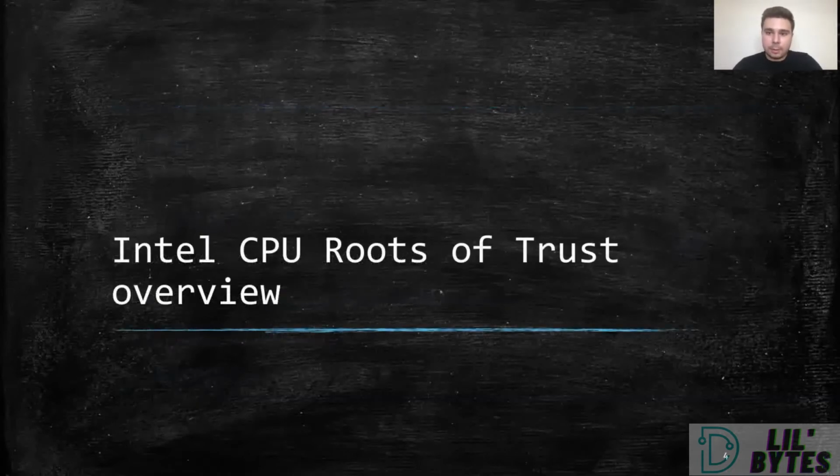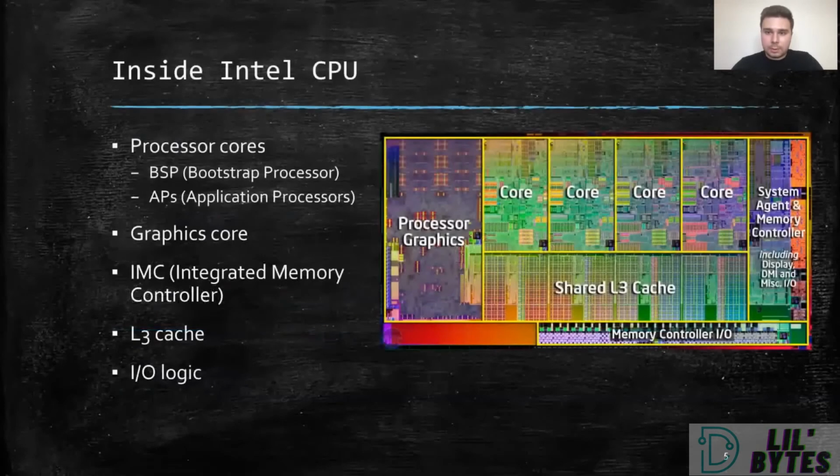Let's start with a CPU roots of trust overview. Every modern Intel CPU has processor cores, the bootstrap processor, which starts when powering on. This core begins executing the start instructions in firmware when the CPU is released from a reset state.